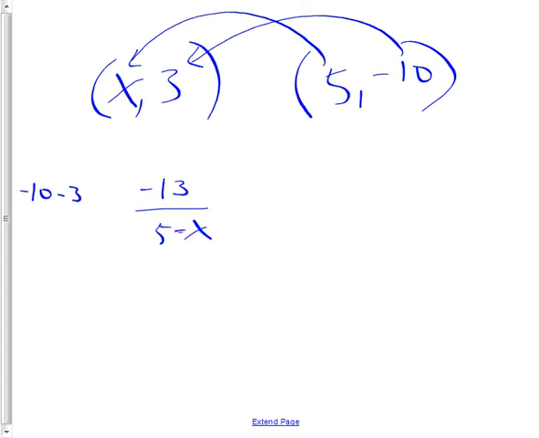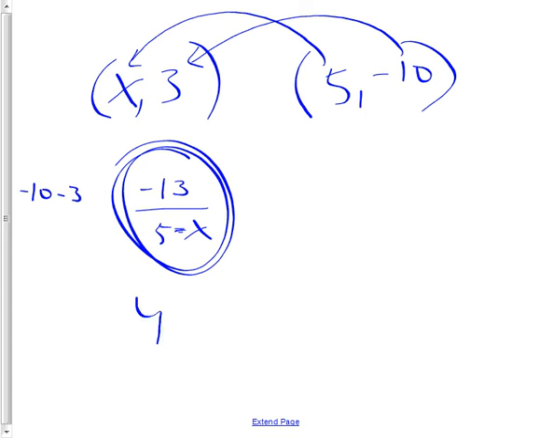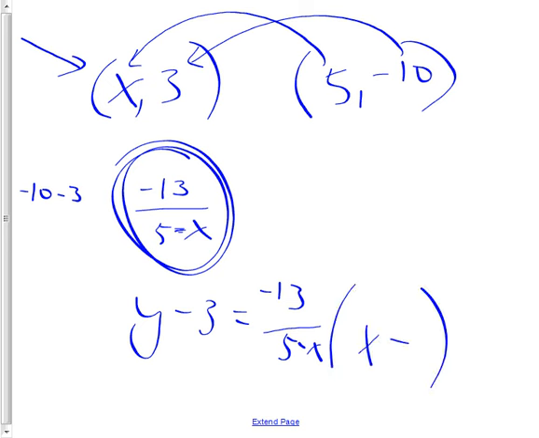So sometimes our slopes aren't super clean anymore. Now they look like this. Okay, so there's the slope. And if I go y minus the y sub 1, if I were forced to use this point to make it more challenging because it's got the variable in it, y minus the 3 is equal to the slope times x minus the x sub 1.